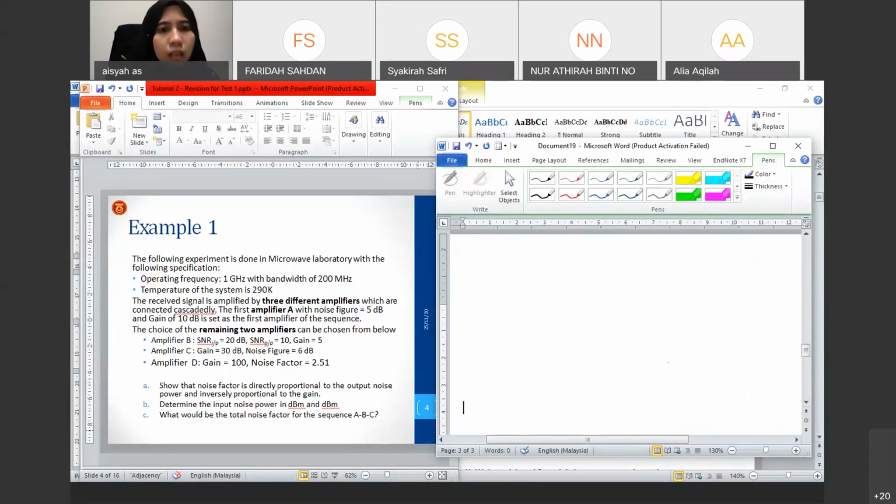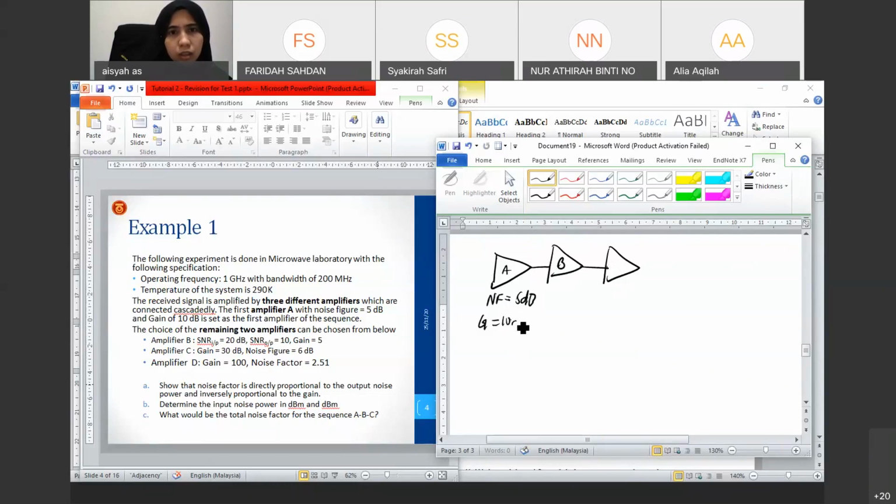Okay, and then see what will be the total noise factor for the sequence A, B, C. For this one, it means use the amplifiers A, B, and C. For A, we have NF equal to 5 dB, G equal to 10 dB.